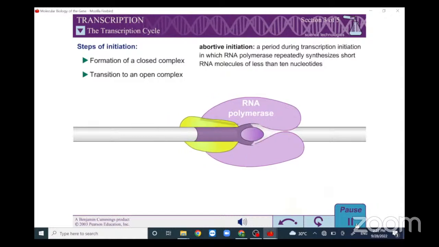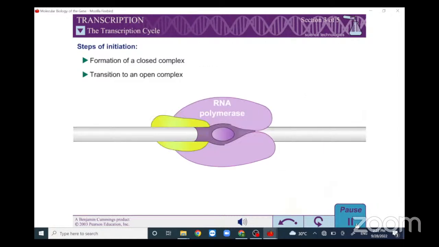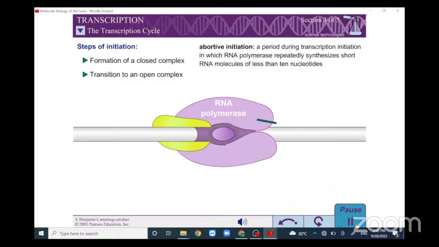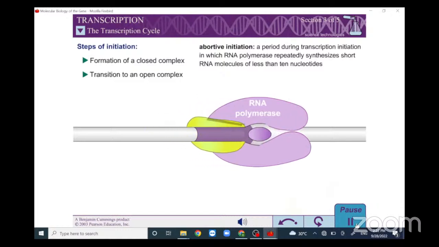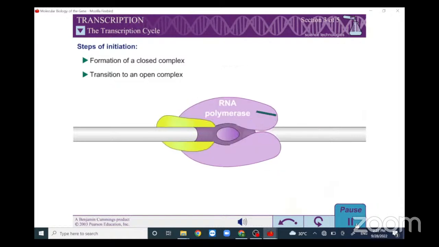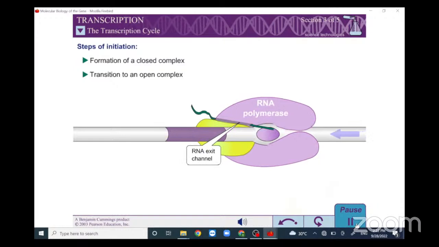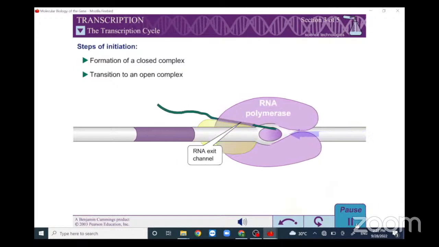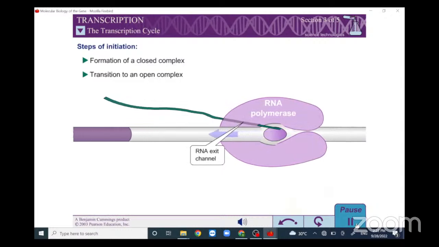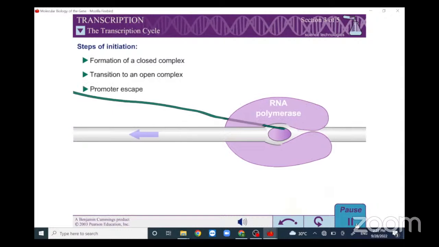Abortive initiation is the period during transcription initiation in which your RNA polymerase repeatedly synthesizes short RNA molecules. It synthesizes small RNA molecules but aborts, so it is going to stop and form only a small one. After one particular point, it is going to continue to form a bigger RNA strand. At this point, more RNA strands are going to be formed.